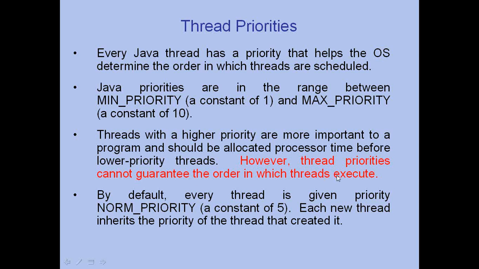You can just try giving the priorities, but still it's not guaranteed. Nothing is guaranteed when it comes to threads. By default, every thread is given a normal priority, which is 5, and each new thread inherits the priority of the thread that created it.